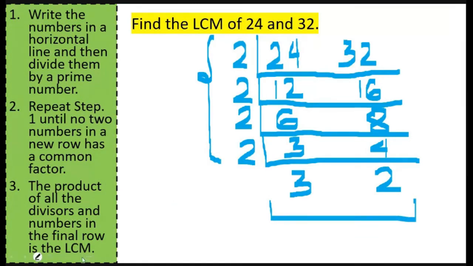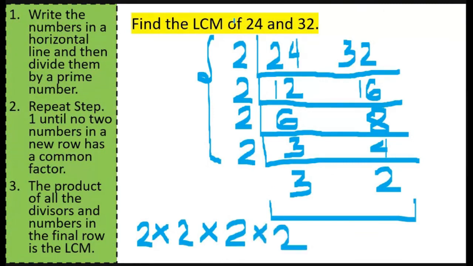So, let's start. So, madali lang yan. Ito, 2 times 2. So, times 2 times 2 times 2. Ma'am, saan galing yung 4 na 2? Ito po yan, yung nasa divisor side.